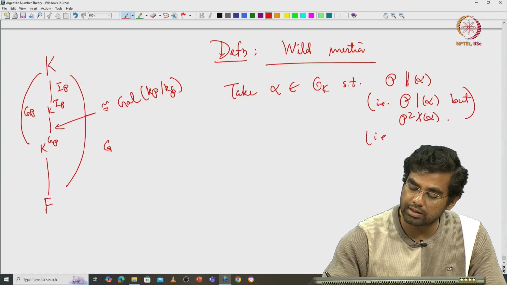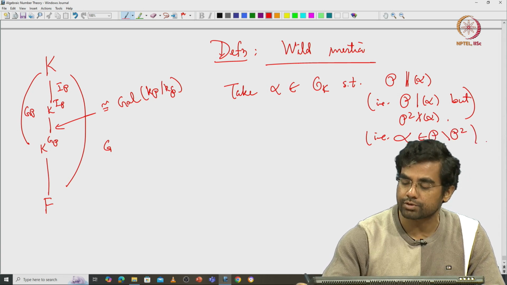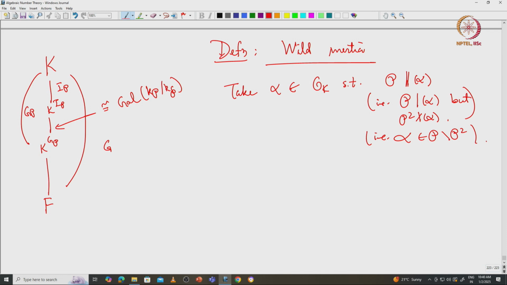Another way of writing this is that alpha belongs to P, but not to P squared. So there are these different ways of stating the same thing, and this is the notation for it, P with two vertical lines, instead of just one for divisibility.